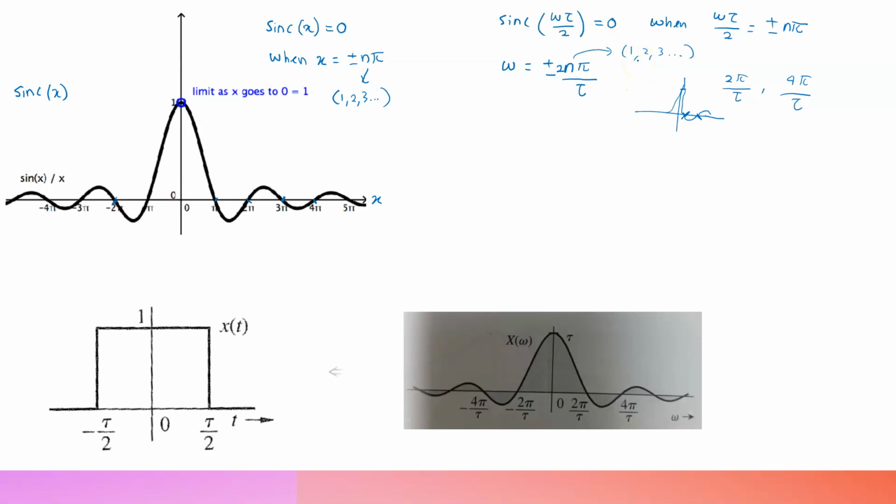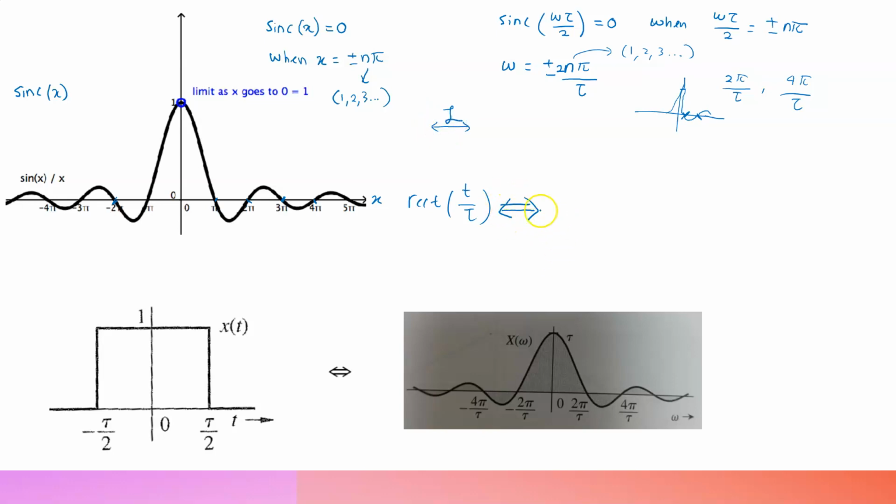So if I plot the graph, it will look like this. We have rect(t/τ), and this is the symbol for the Fourier transform. If you still remember, the symbol for the Laplace transform is L, like that.